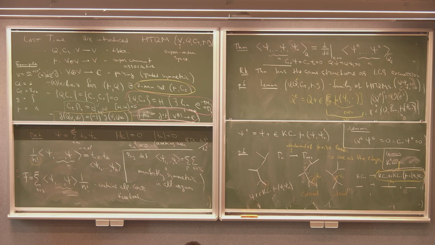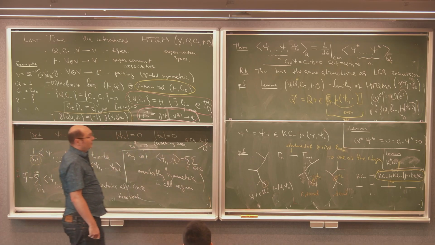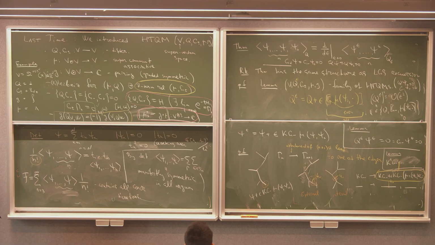So that would be 3 steps in proving tropical mirror symmetry. From Gromov-Witten to HTQM, from one type of HTQM to another type of HTQM, then from the second type of HTQM to Landau-Ginzburg cycles. So with these 3 steps and all these preparational results, we will just use them to streamline the proofs of all this stuff.